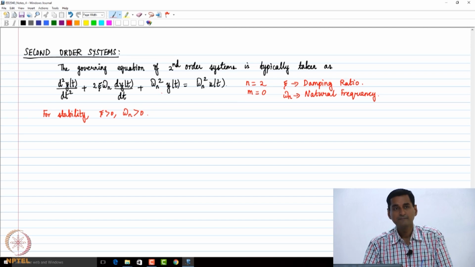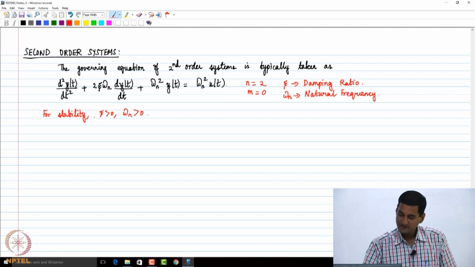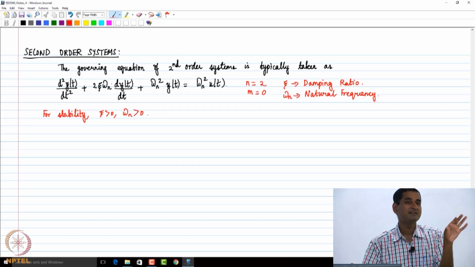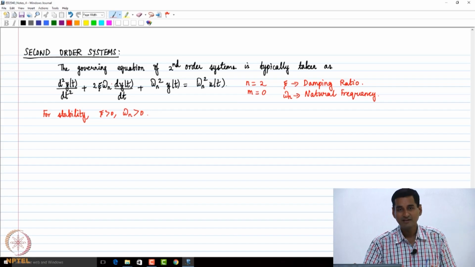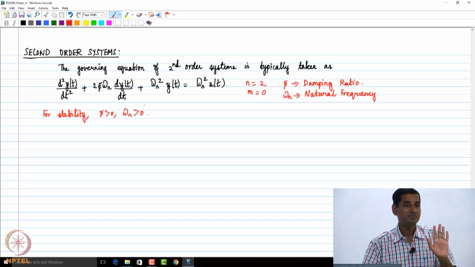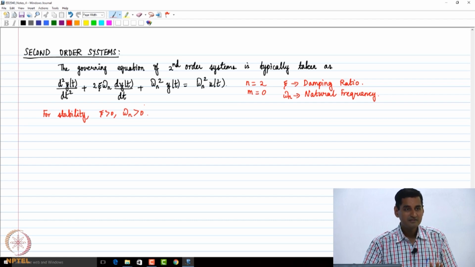Of course, in general, the system will be stable if zeta and omega n are real numbers of the same sign. But we are associating some physical meaning with these parameters, so we take them to be positive. Damping ratio and natural frequency are going to be positive numbers. So zeta greater than 0, omega n greater than 0 is sufficient to give me stability.